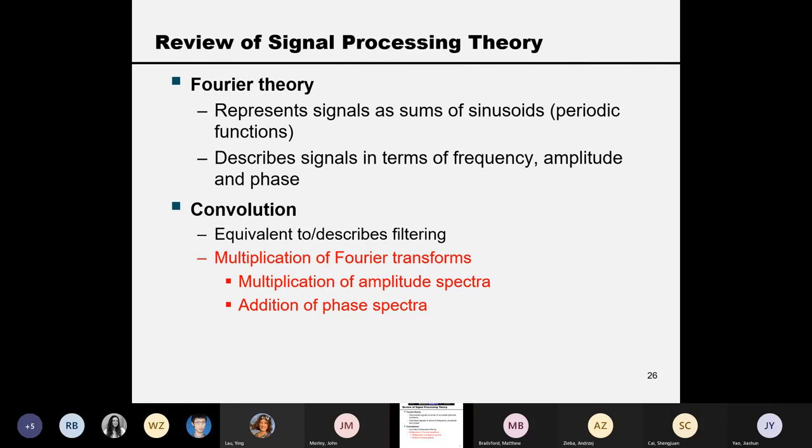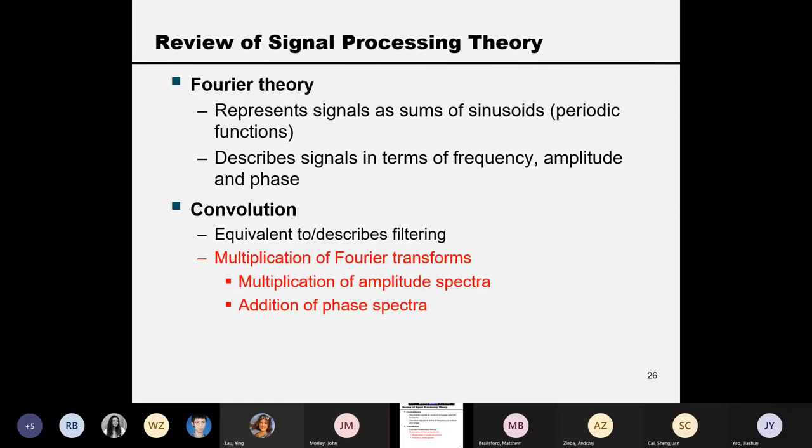The amplitudes multiply each other, and the phases sum each other. But of course, for the same frequency. For a single frequency, you multiply the amplitudes and sum the phases. It's simple as that.